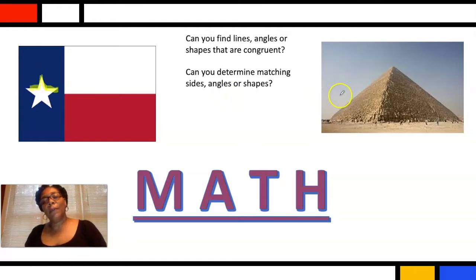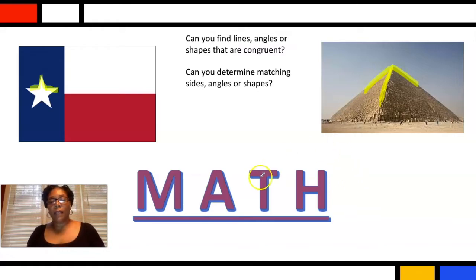If I look here at the pyramid, I can determine that this angle here is also congruent to this angle here. Looking at the word math, there's a lot of things that I can look at and determine congruency.